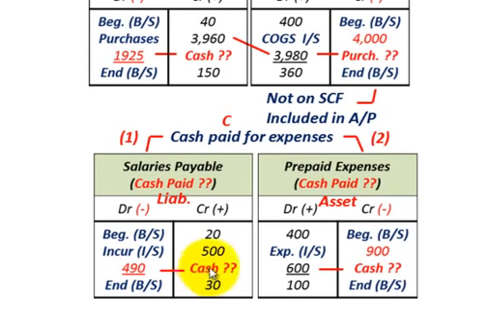So how we get our cash paid is simply a plug, a balancing amount. To get down to our ending amount of 30,000, we have to have a debit or a reduction in salaries payable, which was 490,000 in this case. And that would be what the cash paid was.